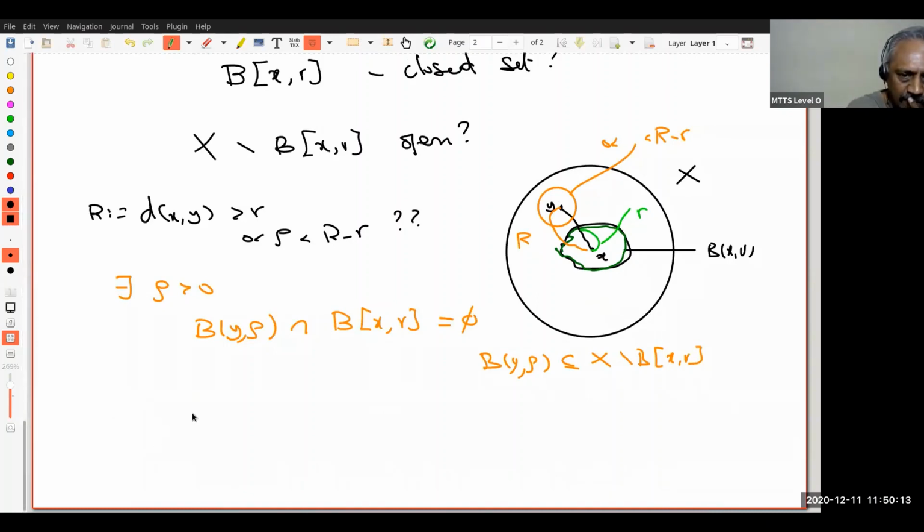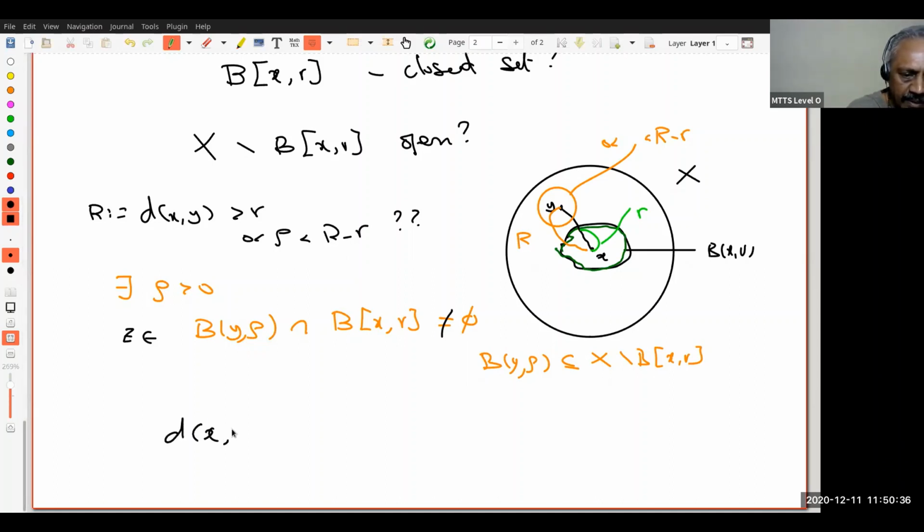But let us try working backwards, because that's one trick in mathematics you have to learn. Suppose this intersection is not empty. What does that mean? There exists a z here. Now the only thing I know is that the distance between y and x is equal to capital R. So somehow I have to see whether I can arrive at some kind of contradiction.